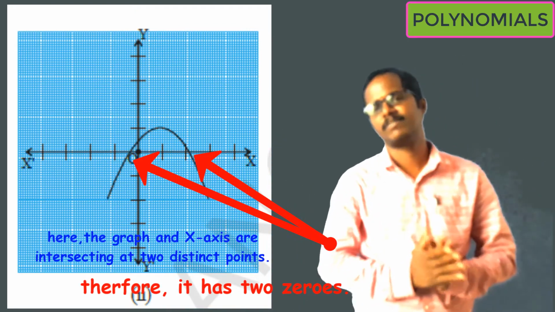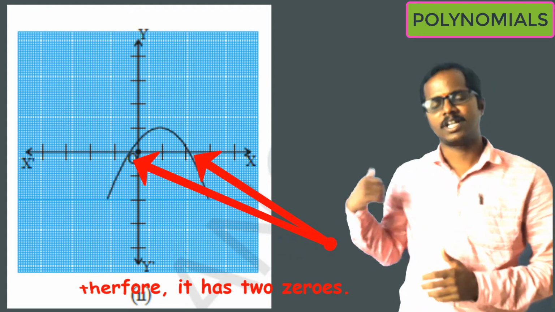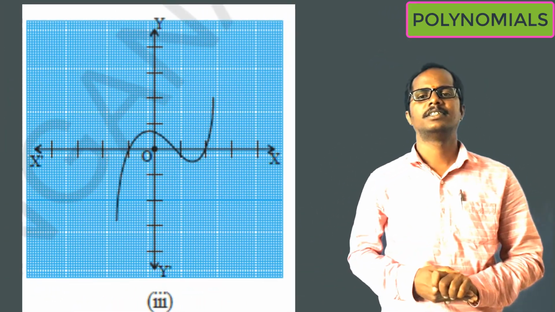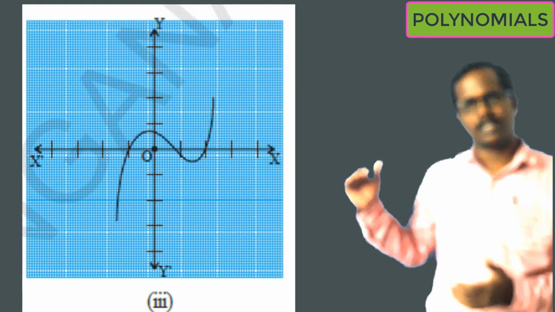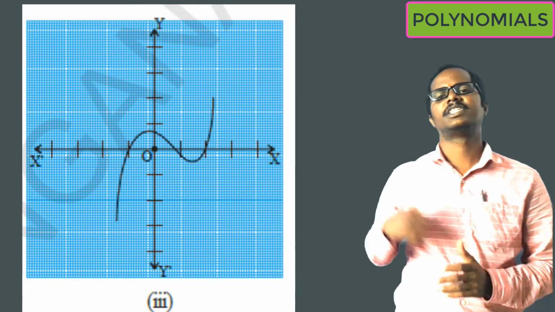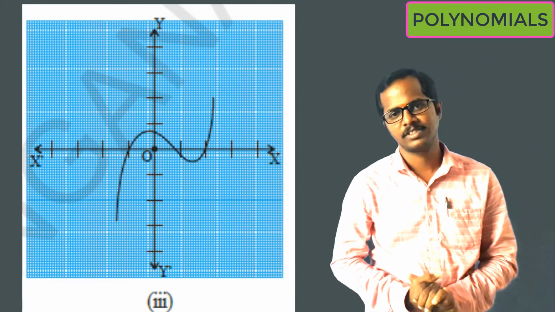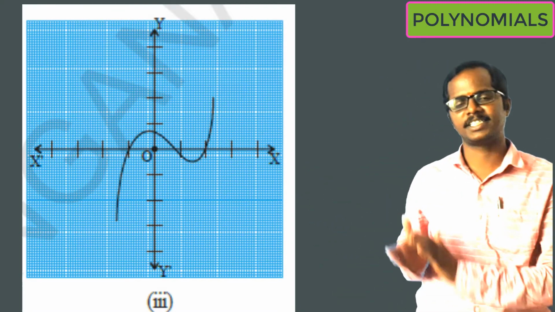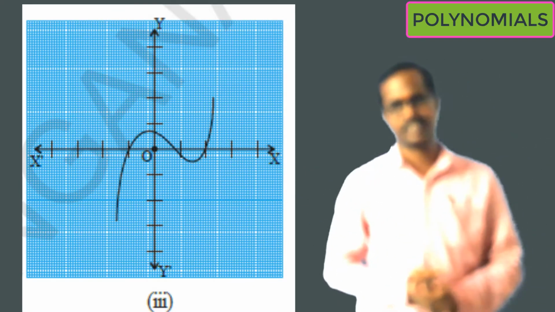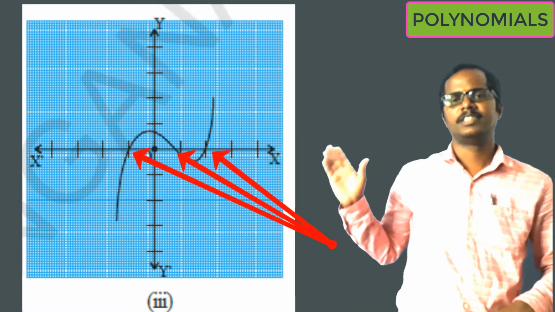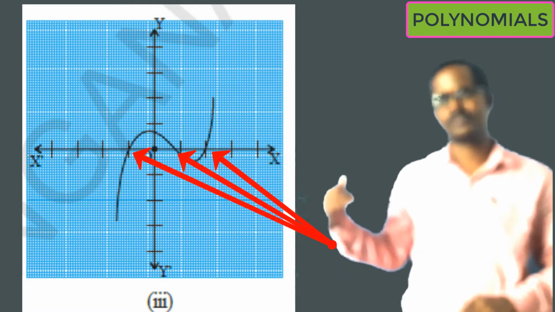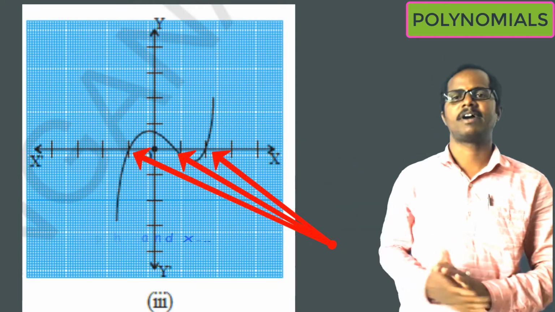Now let us see the third one. Observe this graph and the number of intersecting points of this graph and the x-axis. At how many distinct points is this graph intersecting the x-axis? Very good. This curve is intersecting the x-axis at three distinct points.